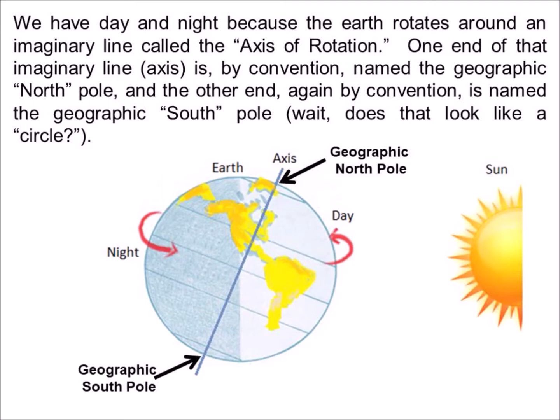One end of that imaginary line is, by convention, there's nothing magic about it, called the geographic North Pole. And the other end of that imaginary line, again by convention, is called the geographic South Pole. Now, if all of this looks sort of like a circle, you're right. You can think of the Earth as a ball, a three-dimensional circle.